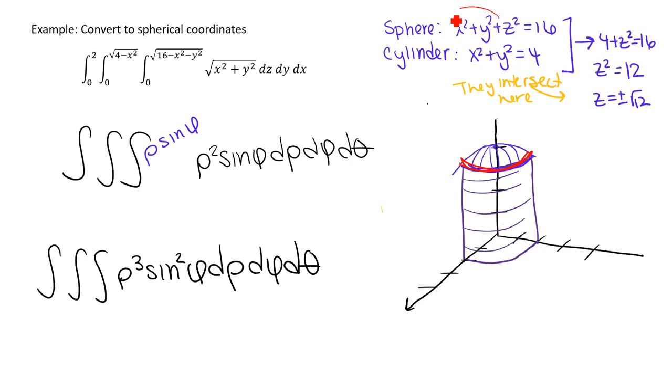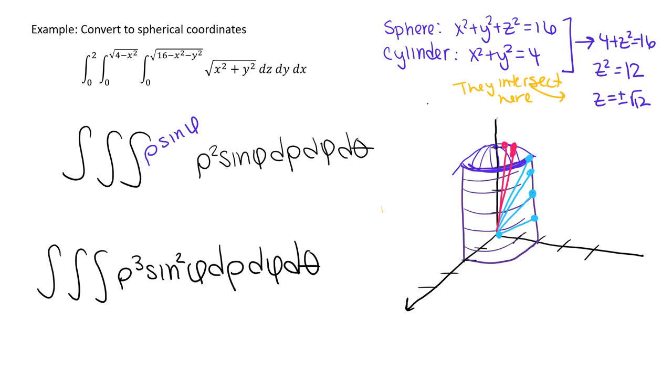So I took this x squared plus y squared in the sphere, and I just replaced it with 4. So the surfaces intersect when 4 plus z squared equals 16, z squared equals 12, or z equals root 12. So that intersection right there occurs when z is square root of 12.